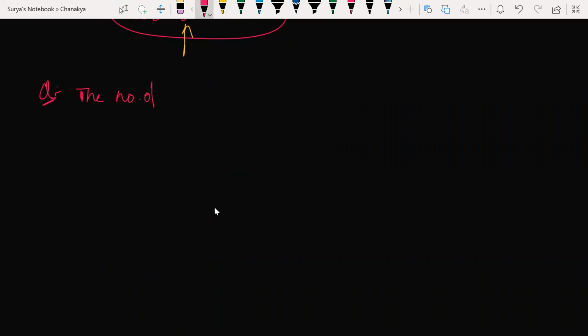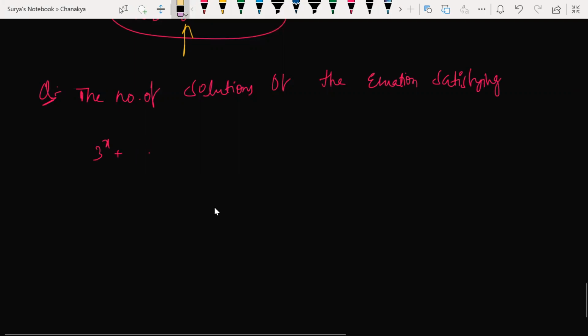The number of solutions of the equation satisfying 3 to the power of x plus 4 to the power of x plus 5 to the power of x plus 7 to the power of x plus 9 to the power of x, you write like this, is equal to 9 to the power of x.